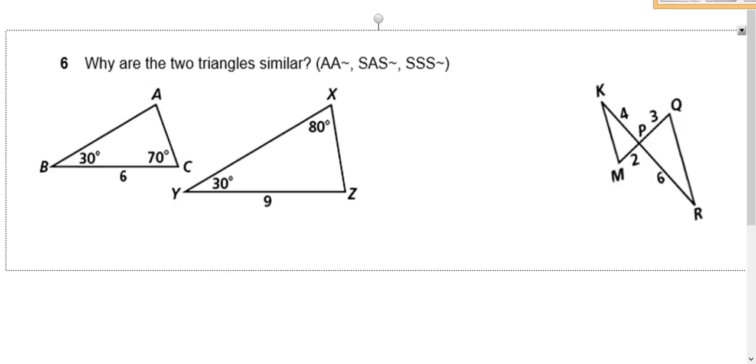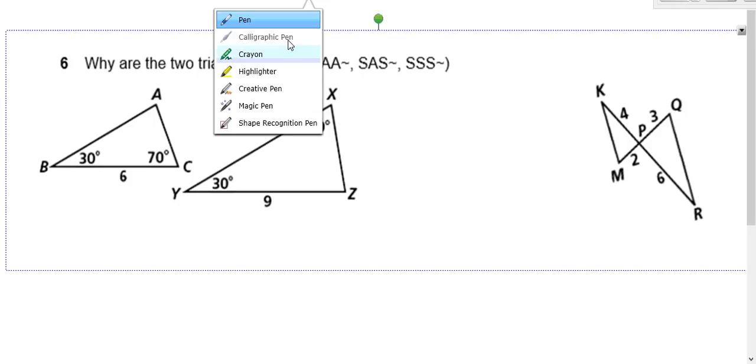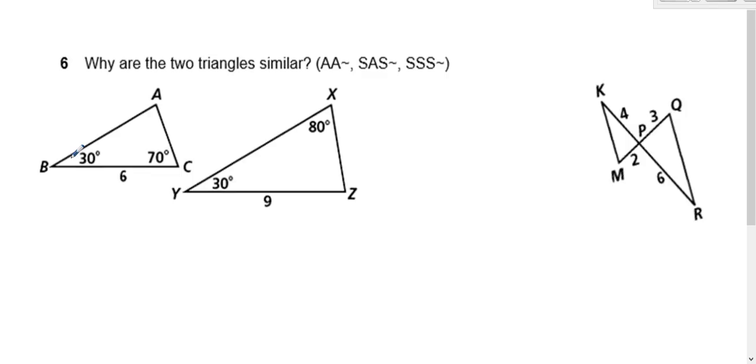Why are the two triangles similar? Is it angle-angle, side-angle-side, or side-side-side similarity? Just look at what we have. We have a 30-degree angle that matches with a 30-degree angle. We have a 70-degree angle that does not match with an 80-degree angle. But the three angles of a triangle always add to 180.